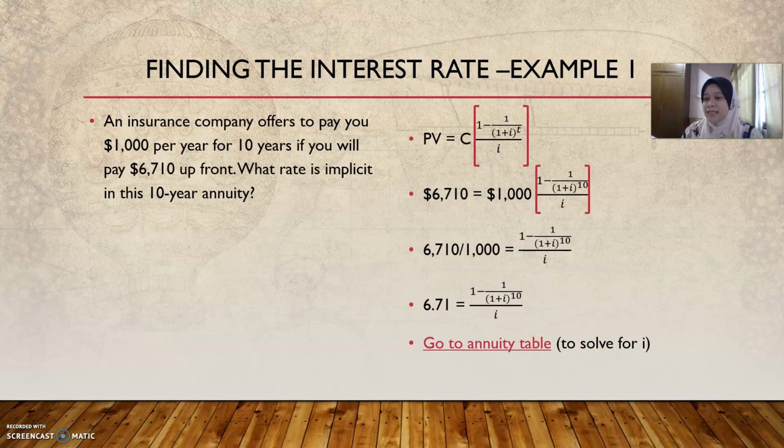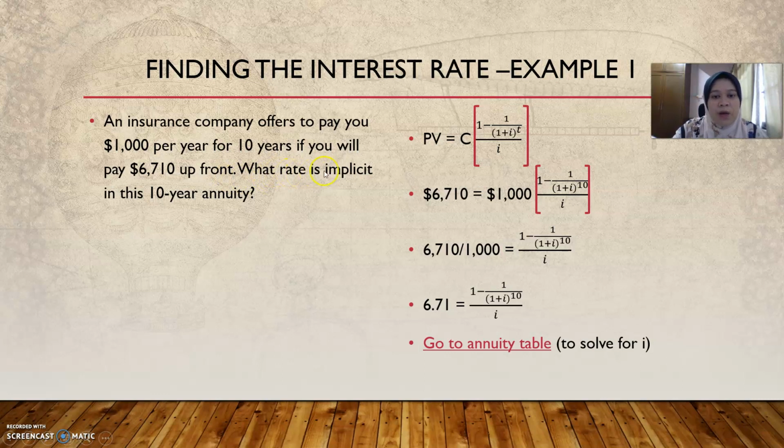Let's see this example. How are you going to find the interest rate using the trial and error process? An insurance company offers to pay you 1,000 per year, which means this is C, the annual payment, for 10 years, so the time period is 10 years. If you pay 6,710 upfront, this is the present value because you pay it upfront.